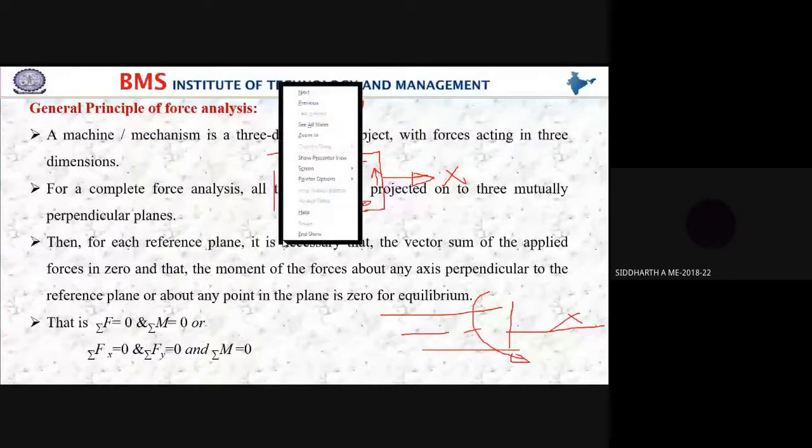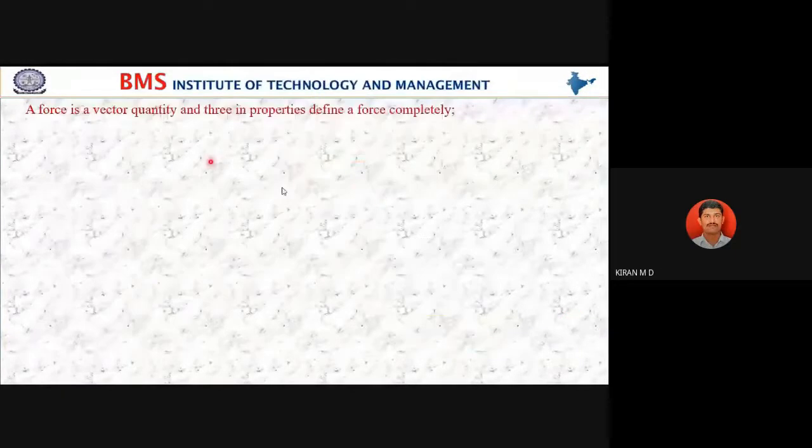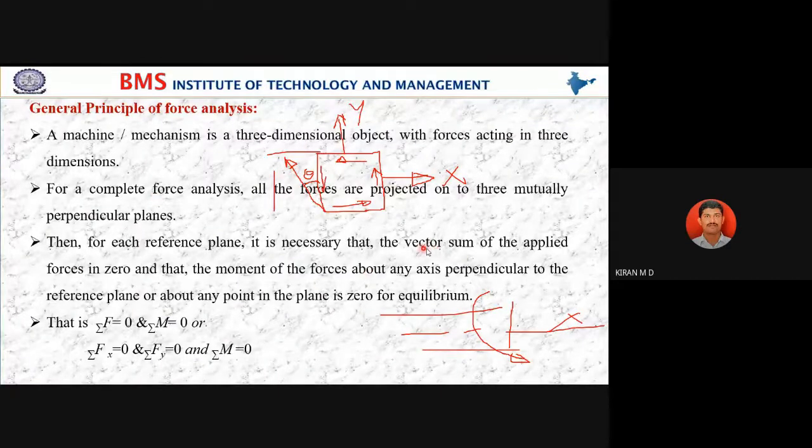Yes, sir. Okay, so now here we got one word, that is vector sum. What is this vector? When we define forces, we use three parameters, which we call the three vectors: magnitude, direction, and point of application.